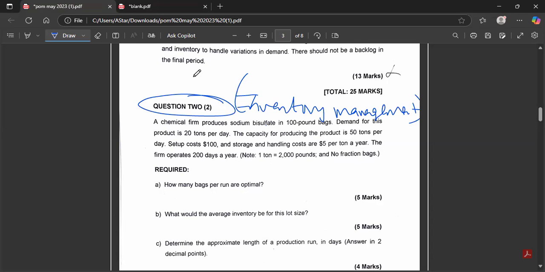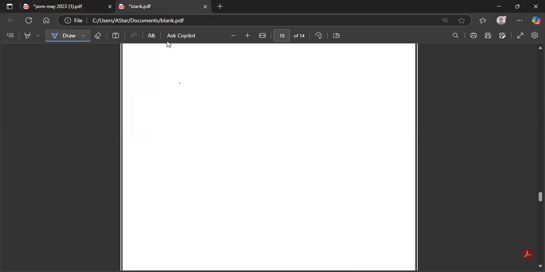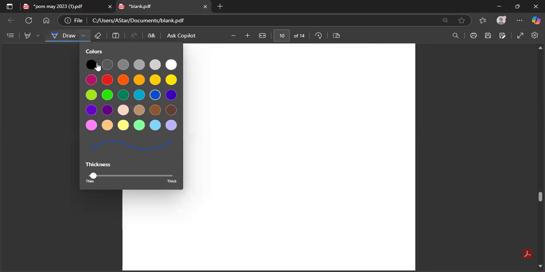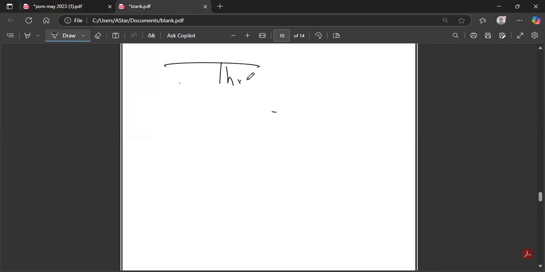So under this question, we are looking at a question to do with the 3 models. So inventory management has the 3 models.